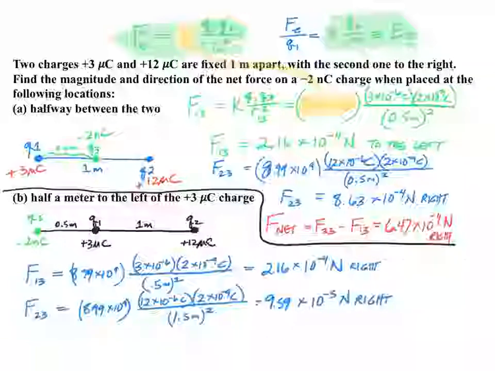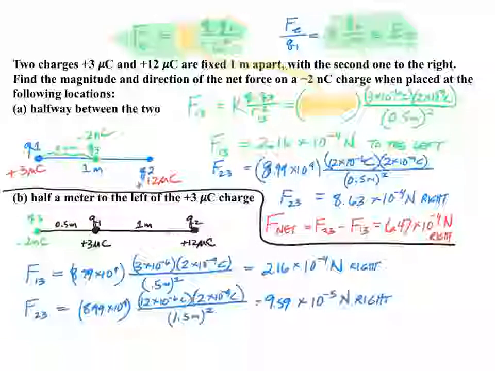So why is it to the right? Well, those are two positive charges on the right. They both attract the negative charge, just at different distances. And even though the 12 microcoulomb charge is 4 times as big as the 3, it's also 3 times farther away.